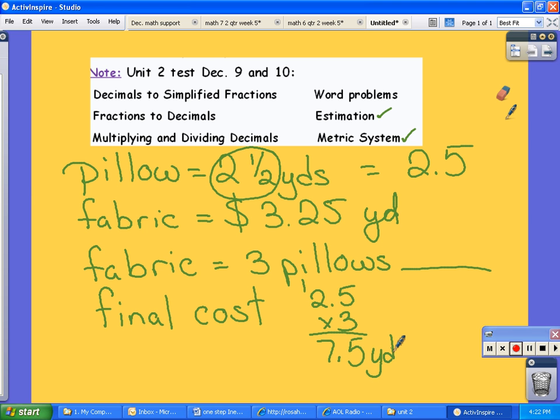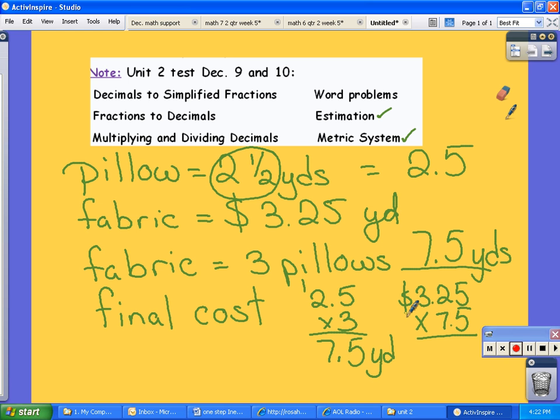Now from the 7.5, so that's how much fabric I need, 7.5 yards of fabric. Then I need to find out how much that is going to cost me. To find the cost, you do $3.25 times 7.5 yards. And then that's how much it's going to cost.